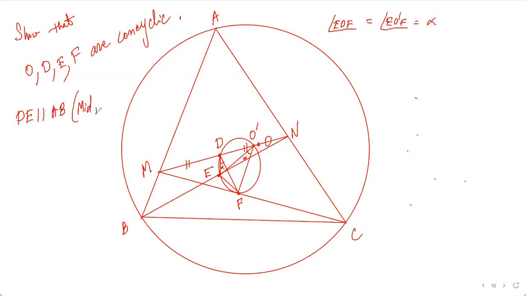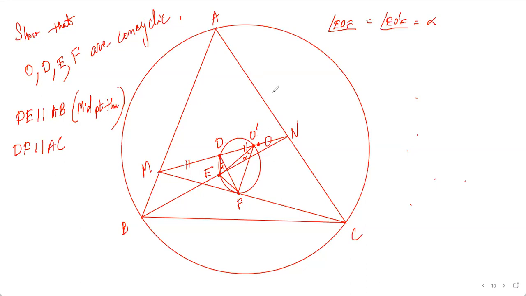Similarly, DF will be parallel to AC, because in triangle MNC, D and F are the midpoints.